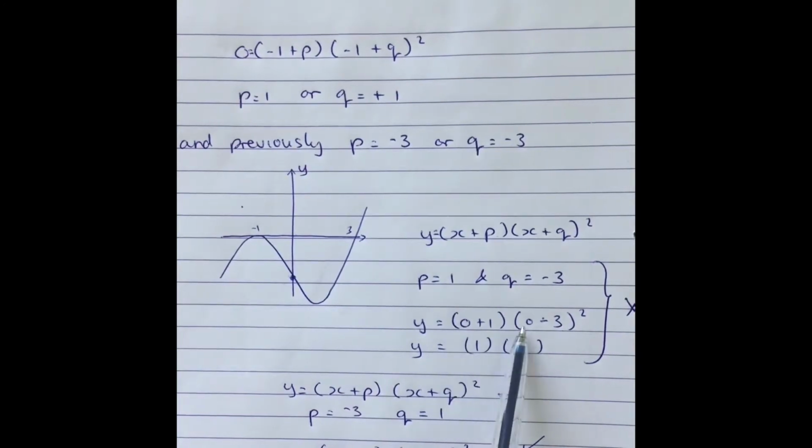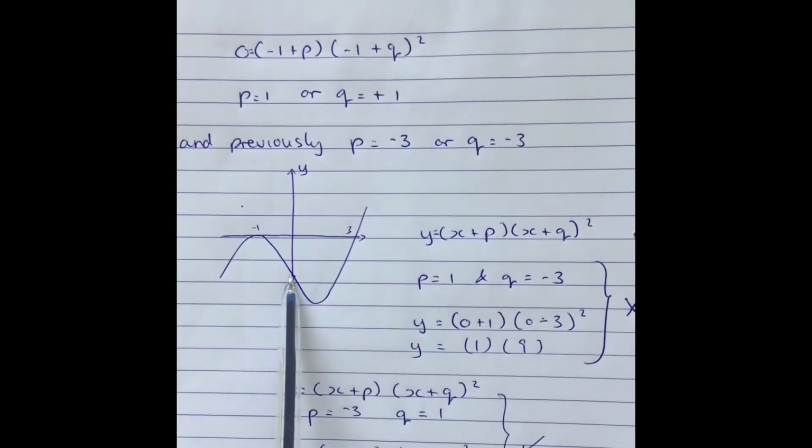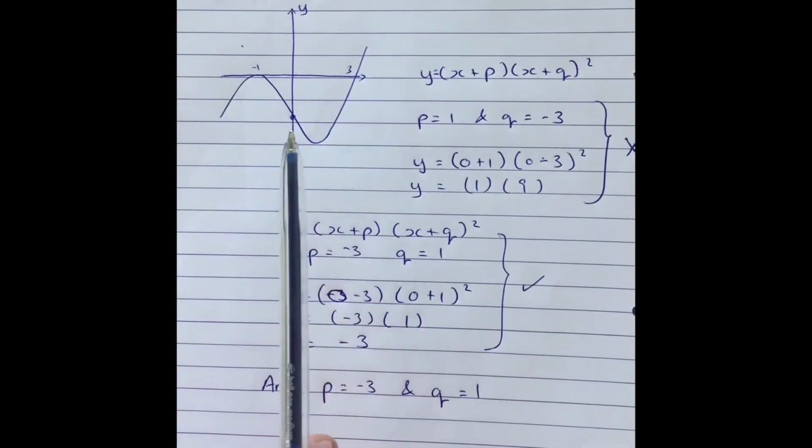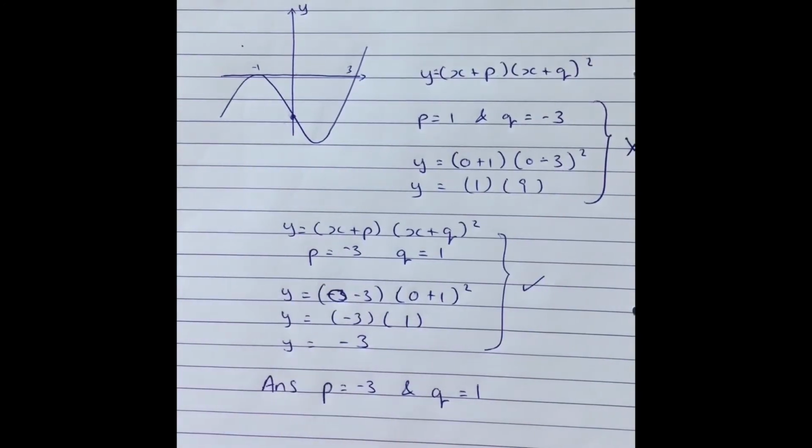So I put in zeros for x's, and I try out 1 for p and minus 3 for q. Minus 3 squared is positive 9, be careful of that. And 0 plus 1 is 1. For this combination of p being 1 and q being minus 3, I get an answer of positive 9 for y, but we want y to be a negative number. So I'll check with the next combination.